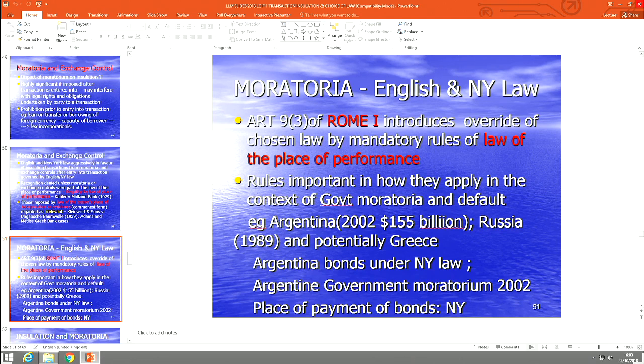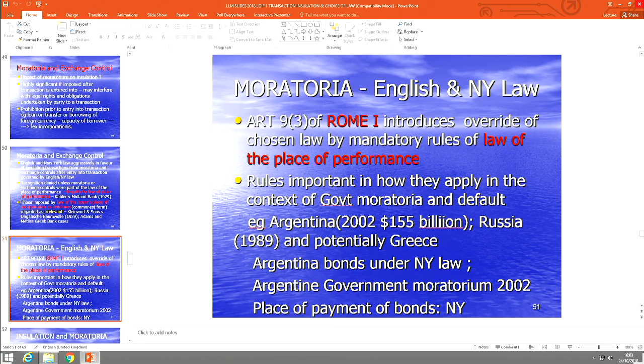And in practice, as I pointed out to you, it is usual, inevitable practice that you never have the place of performance in the borrower's or issuer's home state.